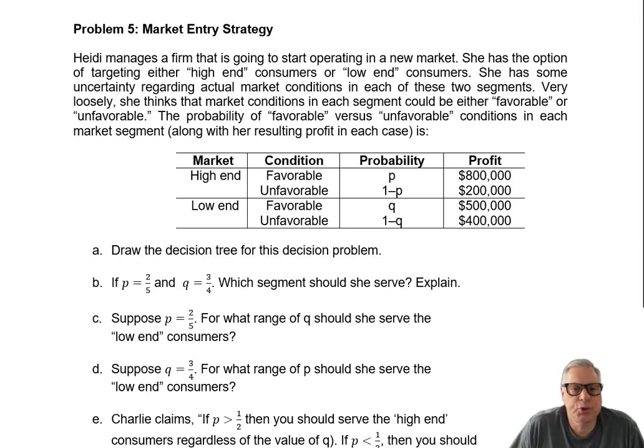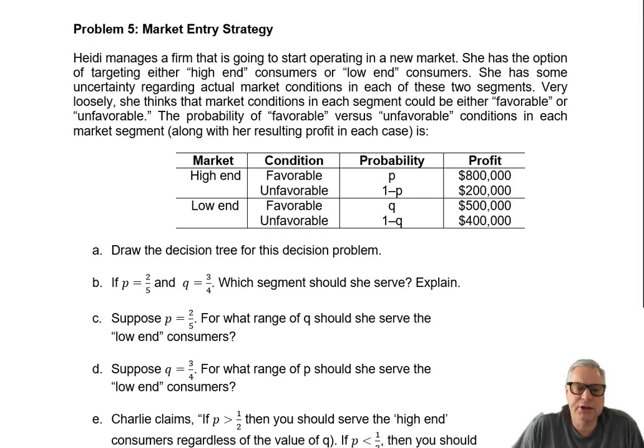Okay, let's turn to problem set 5, which is about a market entry strategy, but also about sensitivity analysis. Heidi manages a firm that is going to start operating in a new market. She has the option of targeting either high-end consumers or low-end consumers. She has some uncertainty regarding actual market conditions in each of these two segments.